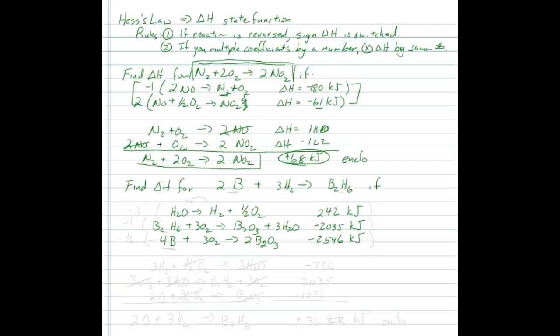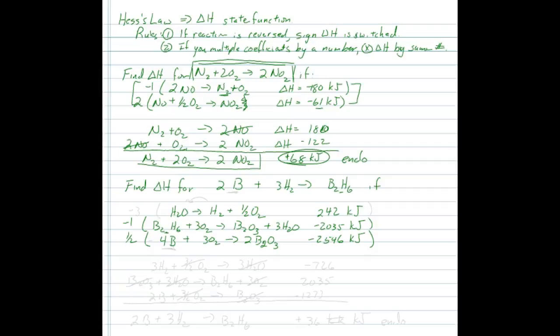Here's 4 B's, and that's the only time it occurs, but you need half as many, so you multiply by a half, or 0.5. Here is B2H6. Here is B2H6, 1-to-1 ratio, but it's on the wrong side. So this is your switch problem.